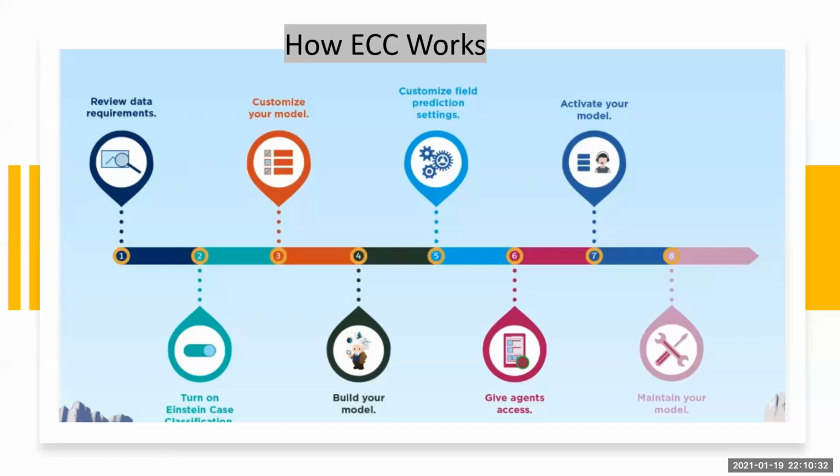They will be able to verify whether Einstein is showing the correct recommendation or best values for the cases based on the subject and description provided during email-to-case creation. We give access to the agent by assigning the permission set. Next, we will activate the model to start showing the prediction. Once we activate the model, the predictions on the cases will start showing.